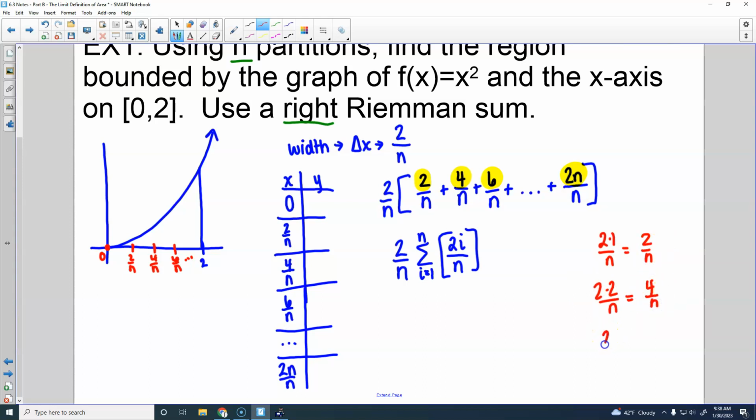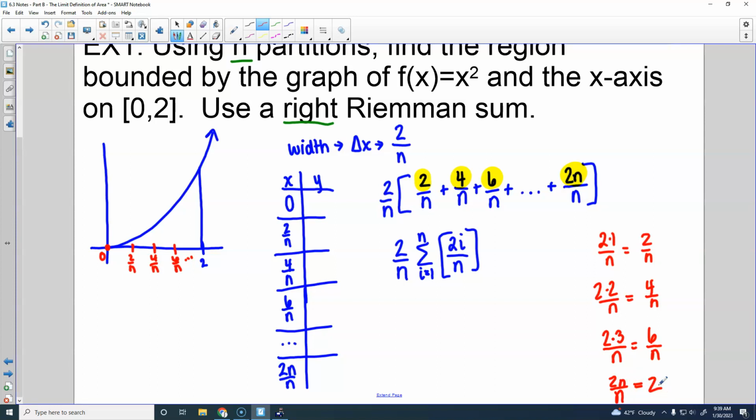And then 3, 2 times 3 over n, which would be 6 over n. So if we're skipping every other number, we can do that by just putting a 2 right there. And then all the way up to, eventually you would be plugging in n, so you'd have 2n over n, which would be that last thing that we need right there. That'd give us 2, right? So this will work. So we've written this as a summation.